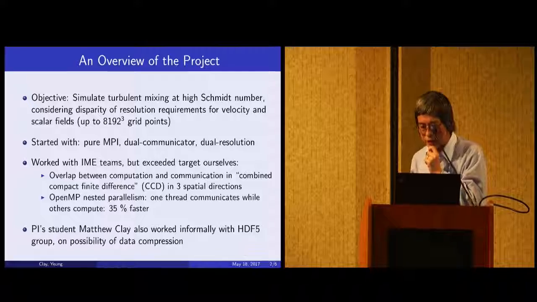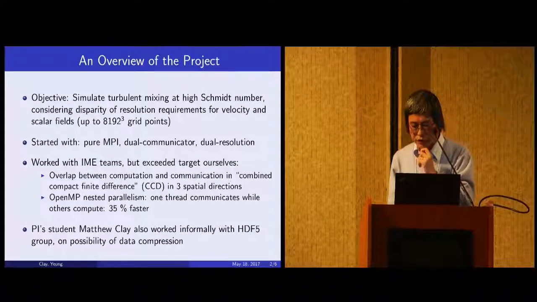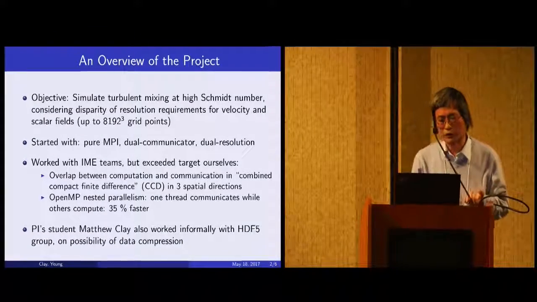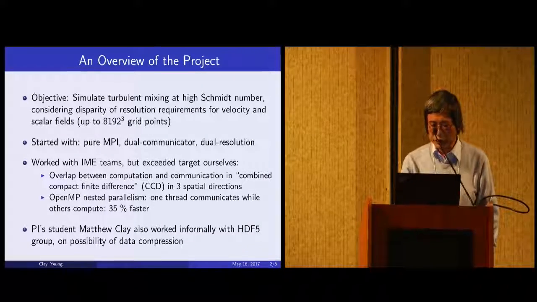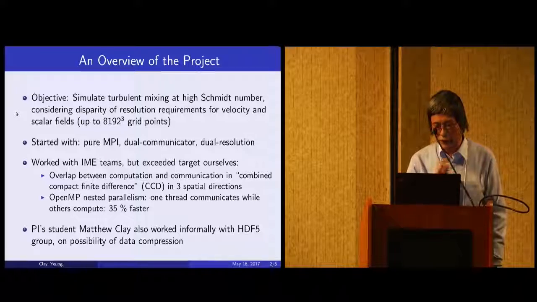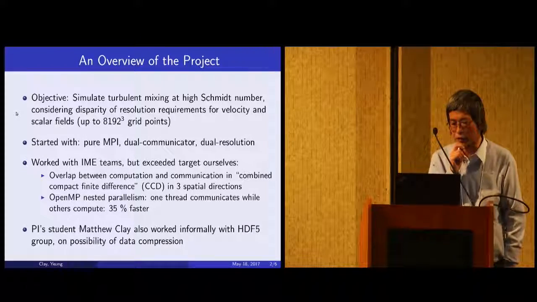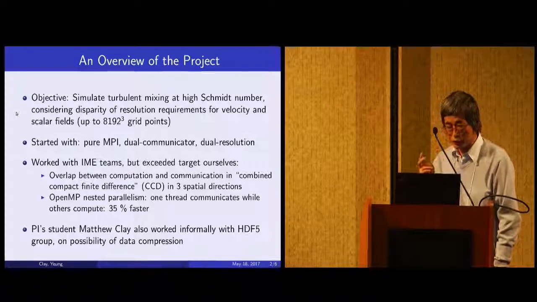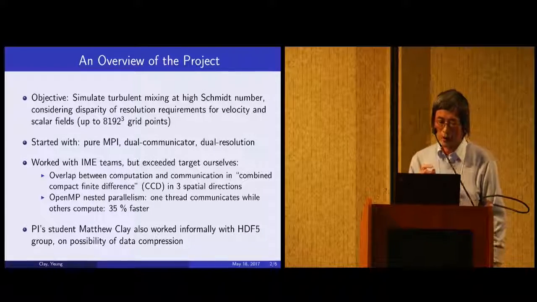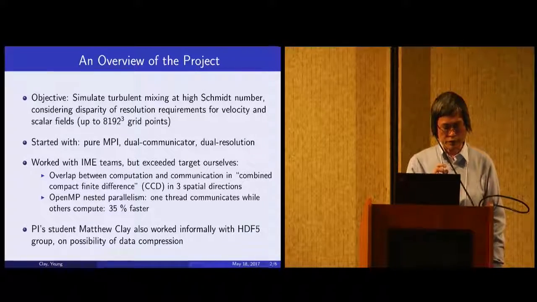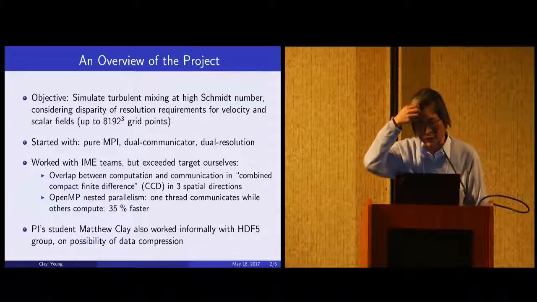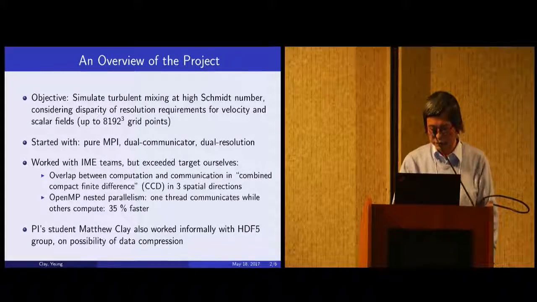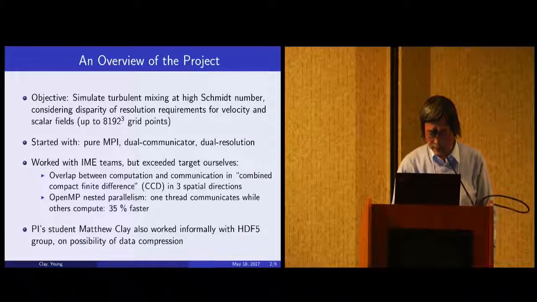He has the idea of using different numerical schemes and different numerical resolutions for the velocity and the scalar. What we try to do is to put everything together first using pure MPI, and we have two separate communicators. So we have some different nodes. Most of the nodes of the program will be running the scalar field. Some of them will be running the velocity field.